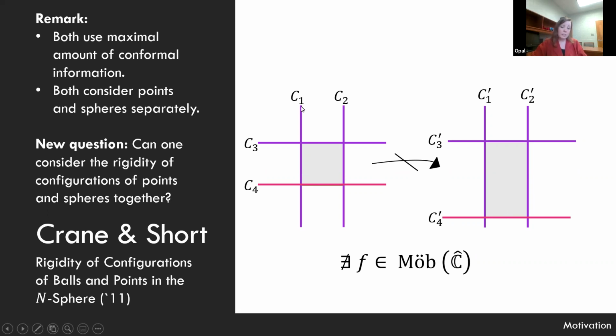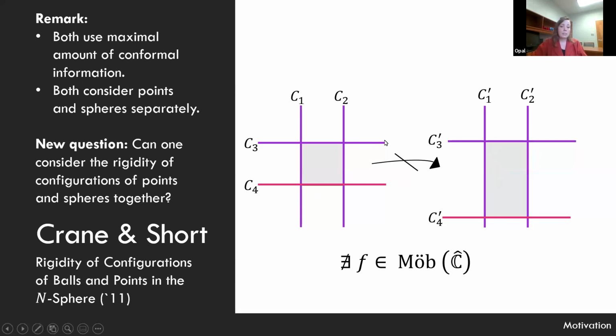correspondingly, that C1 and C2, for instance, are tangent, and so are C1 prime and C2 prime. C1 and C3 are orthogonal, and C1 prime and C3 prime are orthogonal.